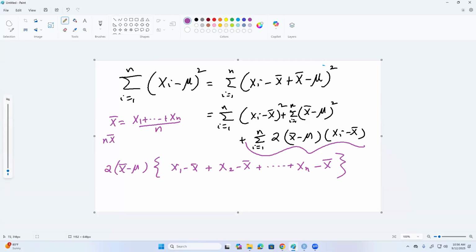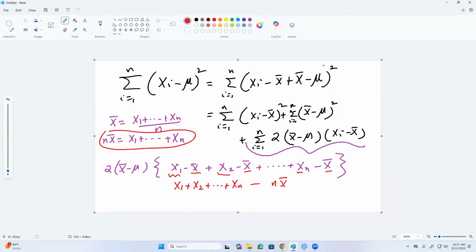So n x bar is equal to x1 plus x2 plus xn. So the total of observations is n times x bar. Here, how many x bars do you have? You have n x bars. And if I collect the first terms, it is x1 plus x2 plus xn, minus n x bar. Because of this result, it is 0, big 0. So the cross product term goes away.